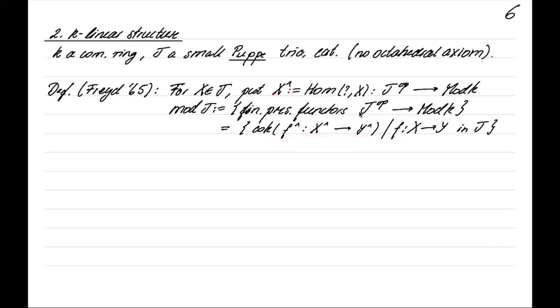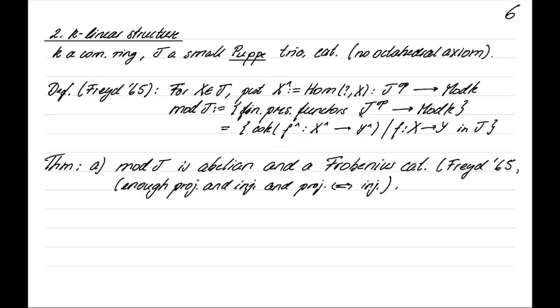And well, first observation, this is an abelian category. This comes from the fact that the category T has weak kernels. Any triangulated category has weak kernels and also weak cokernels, but what we need here is weak kernels. And so this ensures immediately that we have an abelian category.